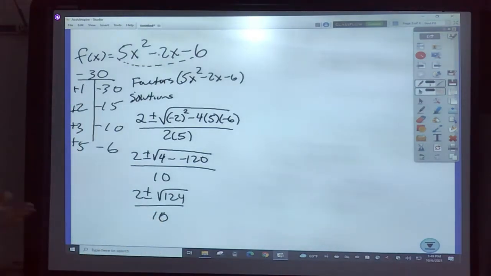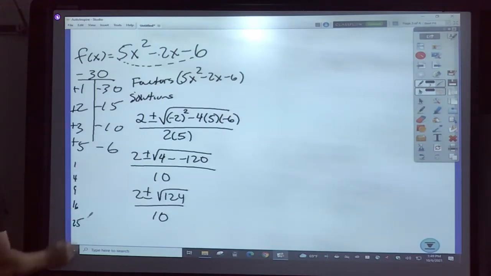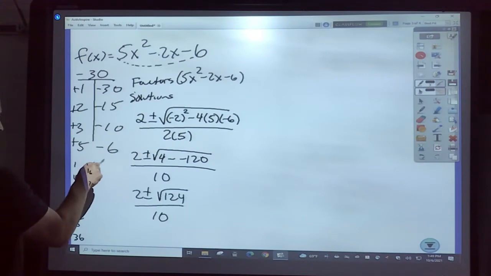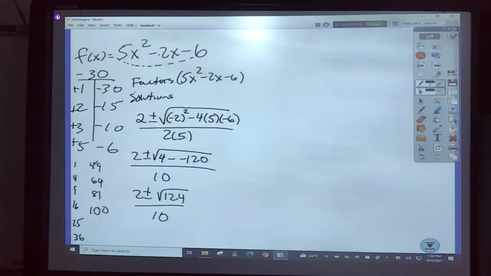Now, let's see if there's anything that can go into that. Remember my perfect squares: 9, 16, 25, 36, 49, 64, 81, 100. Well, I know it's not those. 49 times that, I don't think it's going to work.